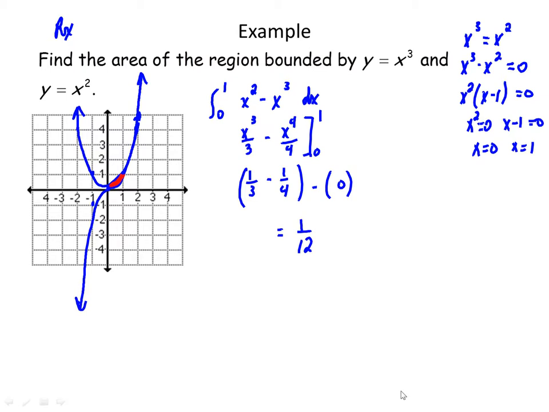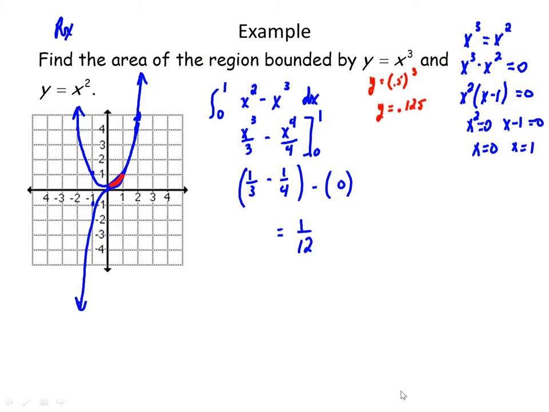Okay, so this is what you're going to do. You're going to take your 0.5, pick that number between your boundaries, and like I said, if we choose 0.5, if we plug 0.5 in for this one, you're going to get y is equal to what? 0.125 or 1/8.